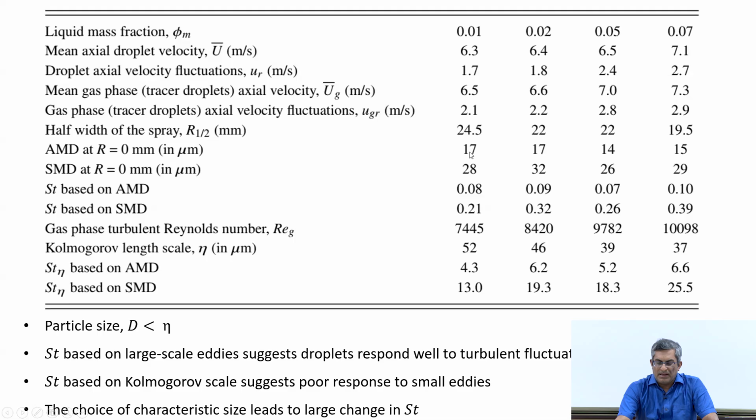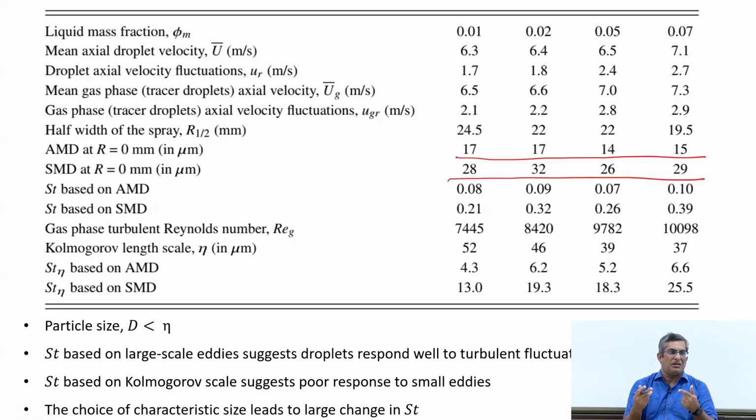Here, because we have polydispersed droplets, we have to define different characteristic sizes. If we define only one size, for example, arithmetic mean diameter, it may not represent the situation correctly. So this is the arithmetic mean diameter, and this is the Sauter mean diameter, which is nearly 2 times the arithmetic mean diameter. If you do analysis only based on arithmetic mean diameter, it may not give you the correct picture.